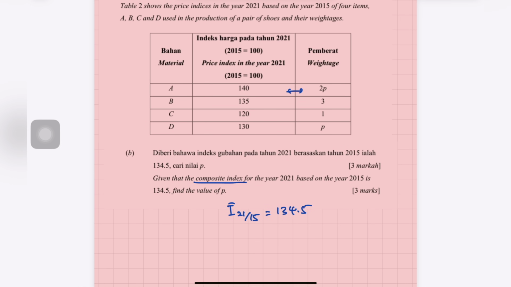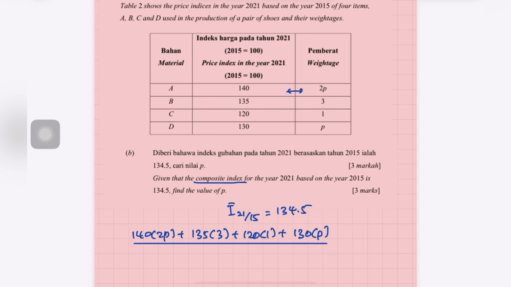Okay, so this one 140 times 2P plus 135 times 3 plus 120 times 1 plus 130 times P over total of weightage. Okay, so 2P plus 3 plus 1 plus P. This one equals 134.5.